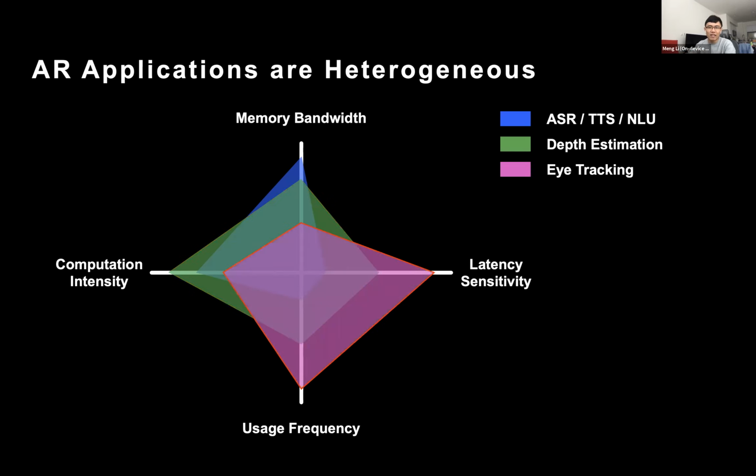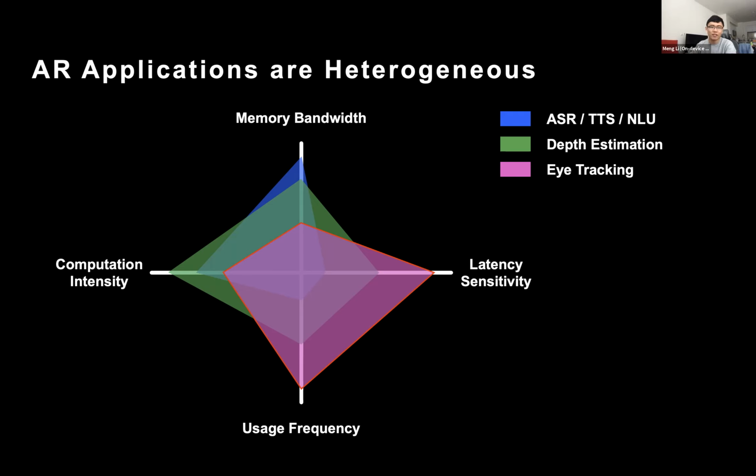The third application is eye tracking, which is super important for AR glass because humans' eyeballs can move super fast. We already have very high requirements on usage frequency and latency sensitivity, which means we need to run this model at high FPS with a tight latency constraint. And for this purpose, the eye tracking model usually works on a fairly low resolution input, and also it uses very cheap convolution operations.